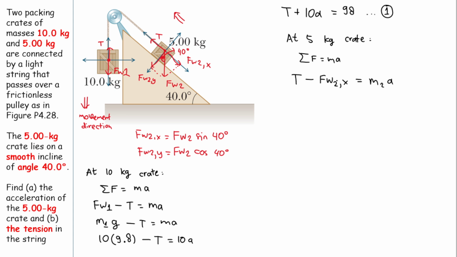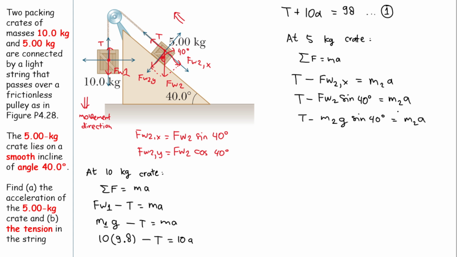Okay, but then FW2, x is this one here, so I will have T minus FW2 sine of 40 degrees, and that will equal mass number 2 times acceleration. But the weight of crate number 2 is mass number 2 multiplied by g, and then sine of 40 degrees, and that will equal mass number 2 times acceleration.